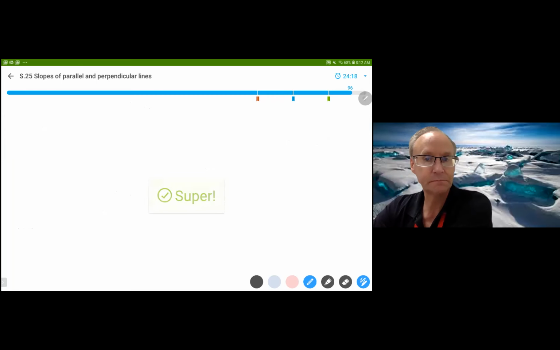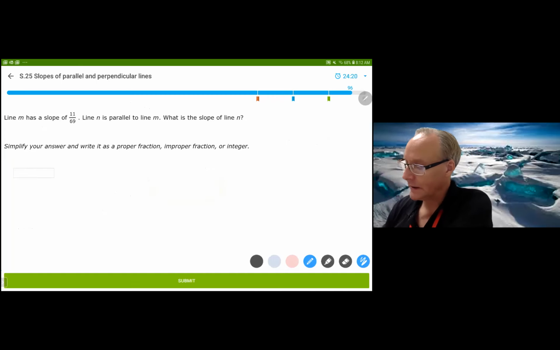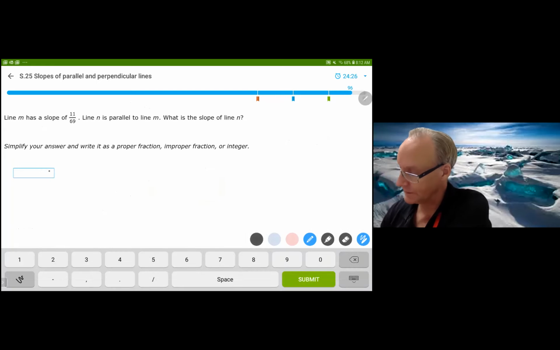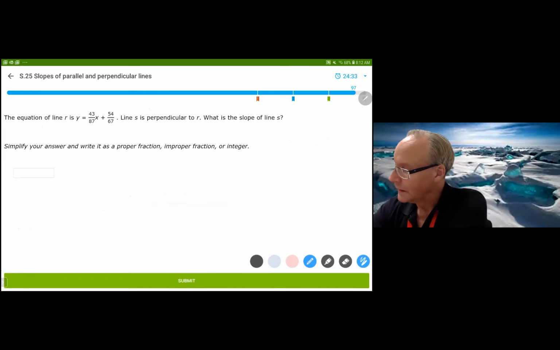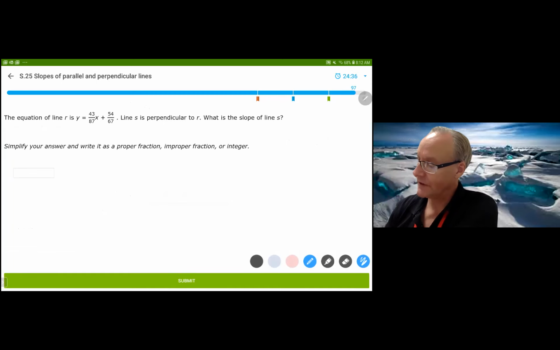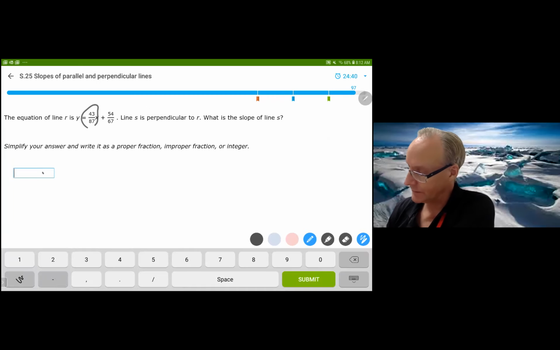Easy mistake to make. All right, m is 11 over 69, and they're parallel, so they're going to have equal slopes, 11 over 69. Done. Perpendicular means I have to have a negative reciprocal with this one, negative 87 over 43.